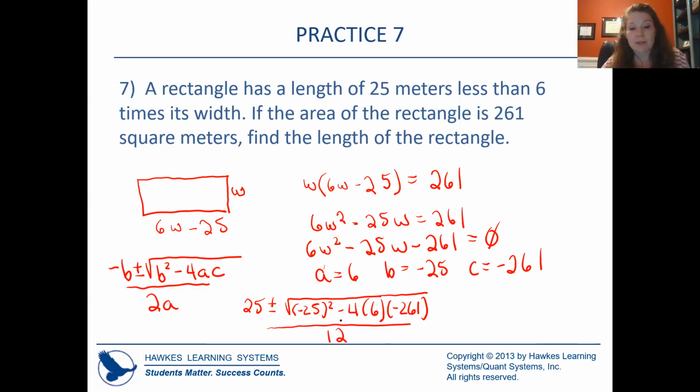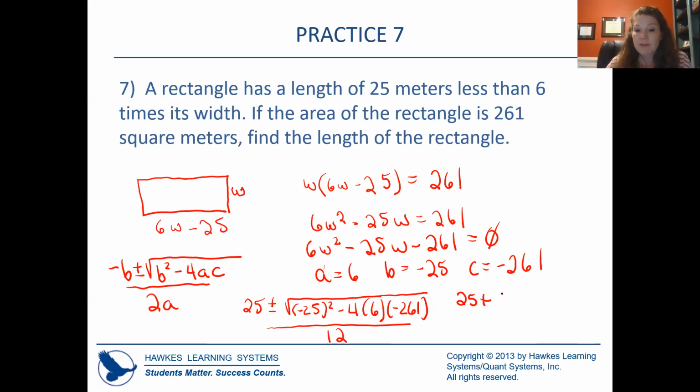Goodness, these are some big numbers. So in my calculator, I want to know the square root of 25 squared minus 4 times 6 times negative 261. The square root of that number is, no, I got 83, excuse me.